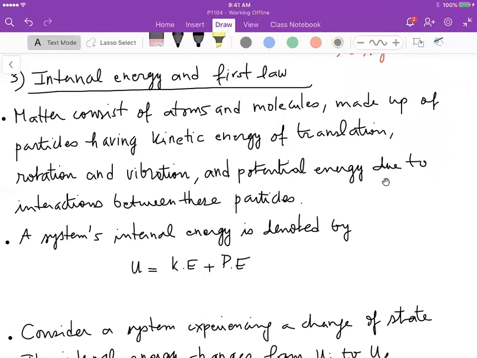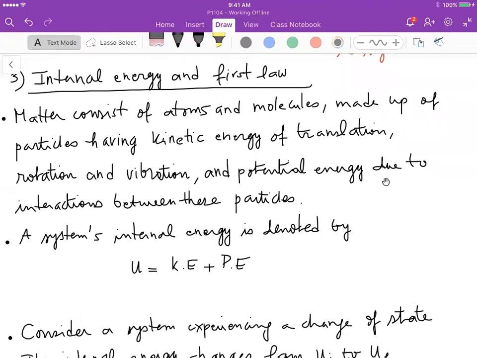So internal energy is defined as the energy of a system that is associated with its microscopic components, which we call the atoms and molecules. So the internal energy includes kinetic energy of random, translational, rotational, and vibrational motion of molecules.